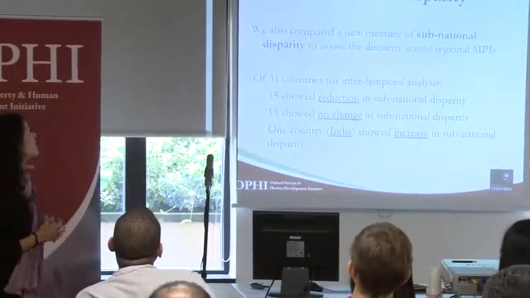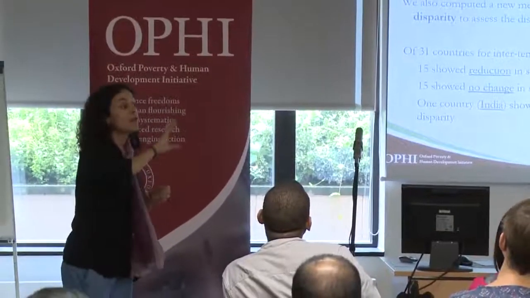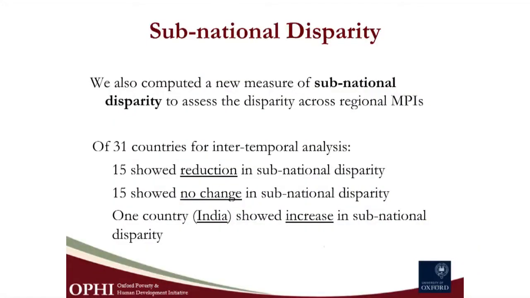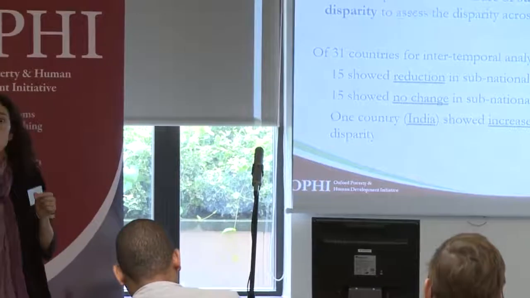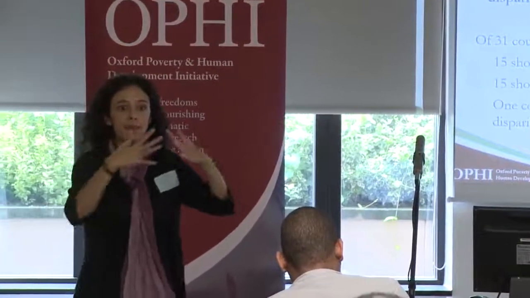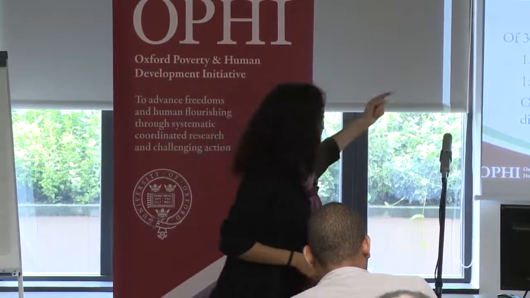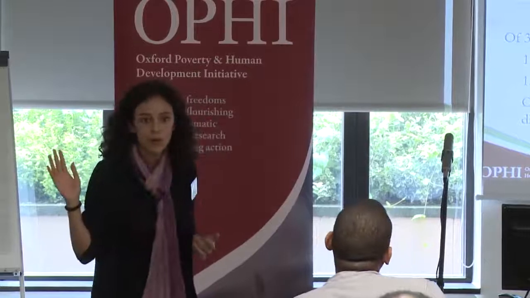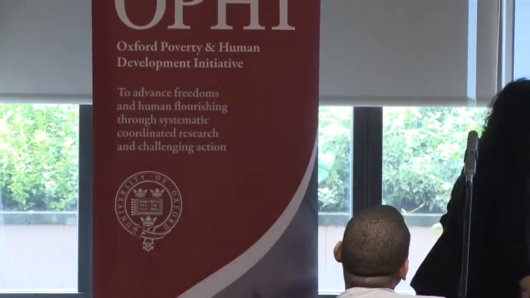Schumann also looked at subnational disparity. So instead of looking just at the poor, let's look at how poverty differs across regions. And he found in the temporal analysis that 15 countries have reduced disparity among regions. So the MPI was getting more similar across the regions. They converge. 15 showed no change in disparity, and India increased disparity.